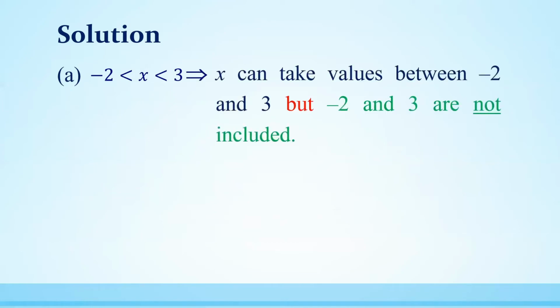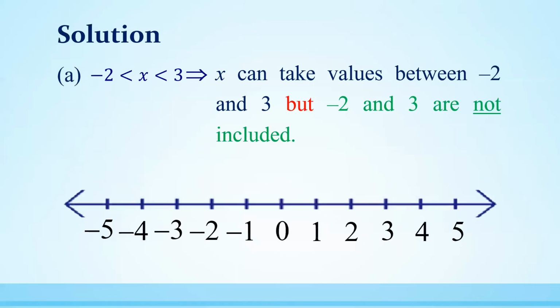This means that x can take values between -2 and 3, but -2 and 3 are not included. What does it mean? This means that I'm going to have unshaded circles at -2 and 3. So here's the representation on a number line. I'm going to have unshaded circles at -2 and 3.